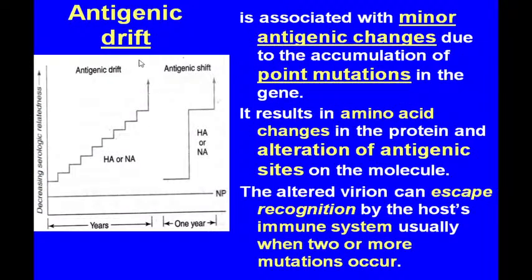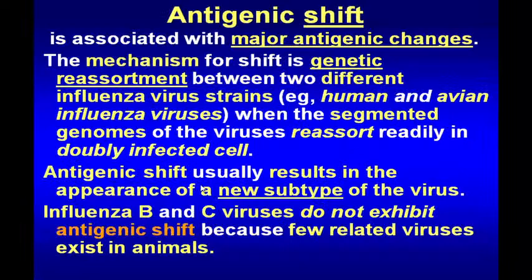And then we have antigenic shift. See? It occurs very quickly. The new subtype may be developed within half a year, and that is associated with major antigenic changes. This occurs due to the genetic reassortment that we discussed already between different types of the virus, for example, human and avian, avian and swine, human and swine, when the segmented genome of the virus reassorts readily in the doubly infected cell.